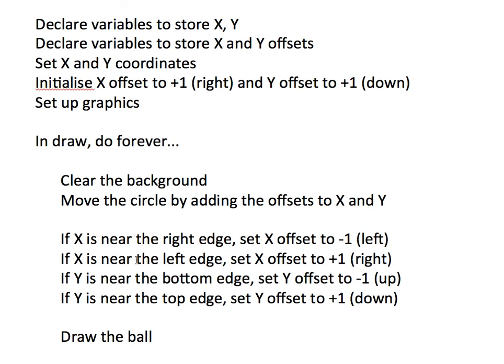If x is near the left-hand edge, we set the x offset to +1. If y is near the bottom of the canvas, we set the y offset to -1, that is, move the ball up. And if y is near the top edge, set the y offset to +1, that is, moving downwards. And then we draw the ball.